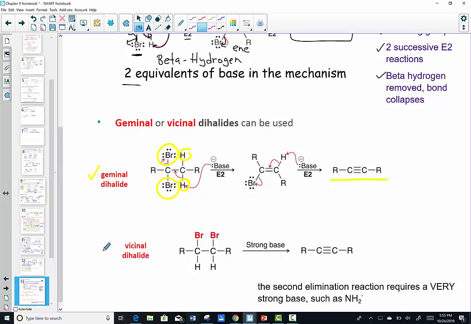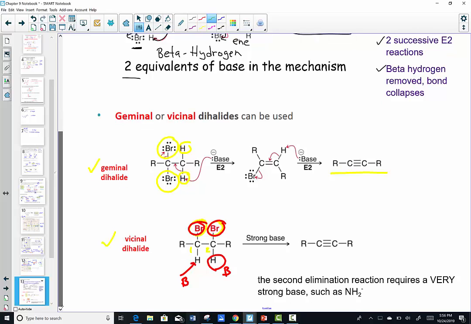It can also be a vicinal dihalide, and that just means the bromines can be on neighboring carbons, on carbon 1 and on carbon 2, because here is the beta hydrogen for this bromine when it leaves. Here is the beta hydrogen for this bromine when it leaves.